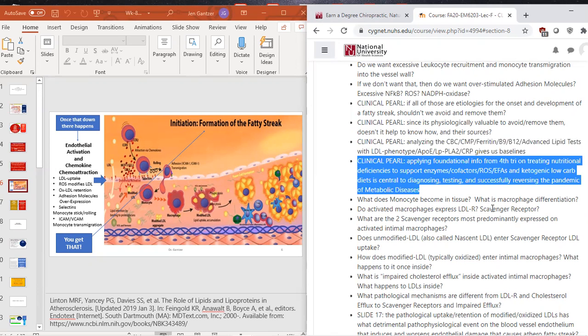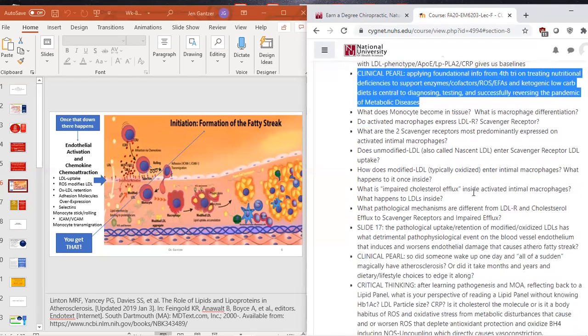All right, clinical pearl. Applying foundational info from the 4th try on treating nutritional deficiencies to support enzymes, cofactors, oxidative stress, and essential fatty acids, and using a ketogenic low-carb diet is central to diagnosing, testing, and successfully reversing the pandemic. We will look at a couple PubMed studies. It takes about 60 days of going ketogenic and getting rid of the sugar, and you can completely reverse non-alcoholic fatty liver.